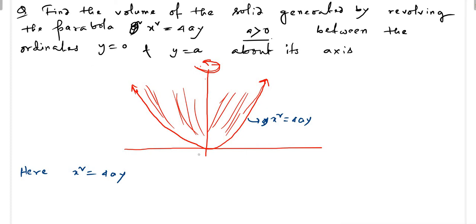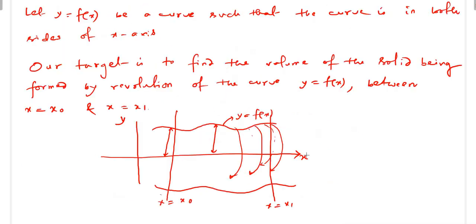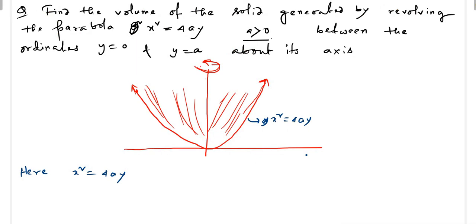So there is a difference between this problem and the thing that we have already discussed in the previous slide. There, we were rotating the curve around the x-axis. Now here we are rotating the curve around the y-axis. So the formulas for surface area and volume will change slightly.